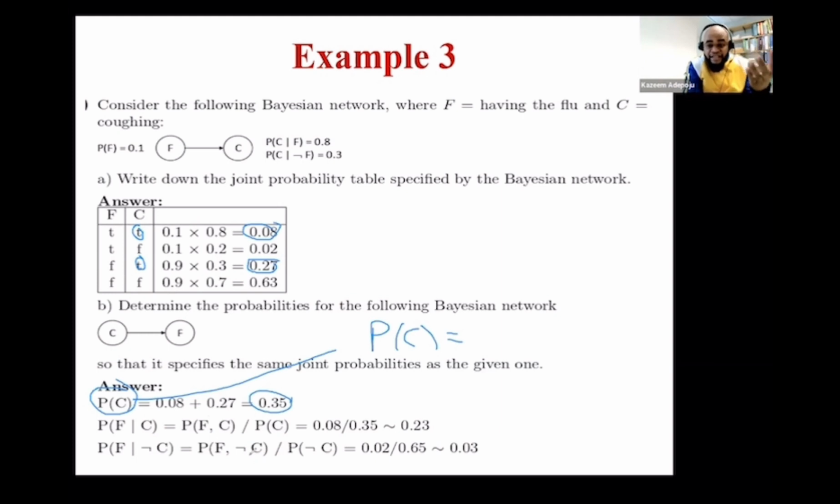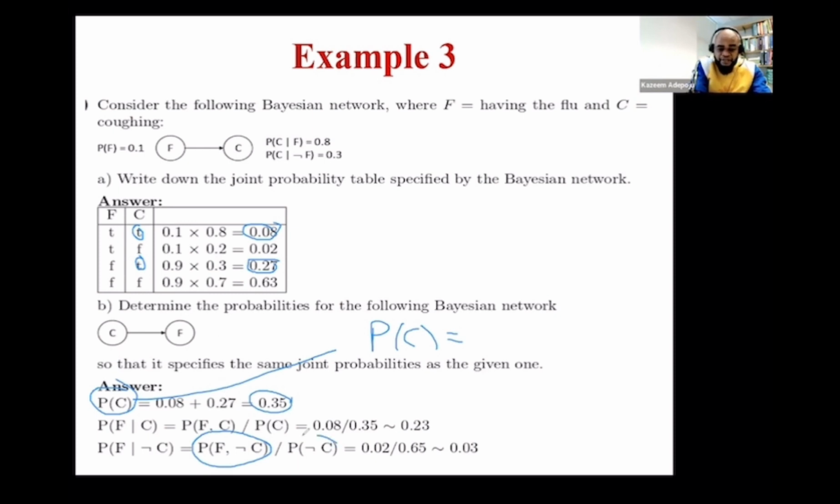In the same way, similarly, you can find the probability of F given C complement, which is also going to be the joint of F and C complement divided by the probability of C complement. And of course, if you take a look at this guy, C is actually false. Here you want to consider where C is false in the joint.